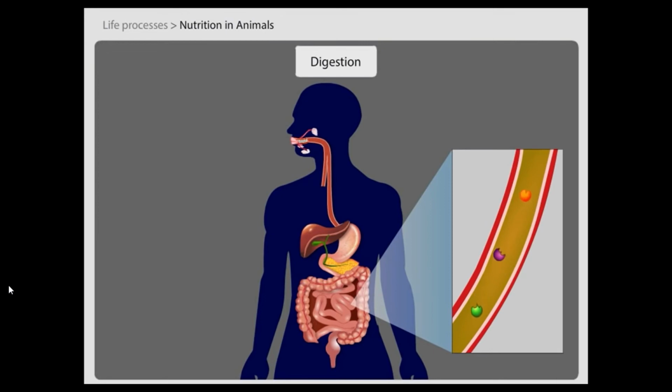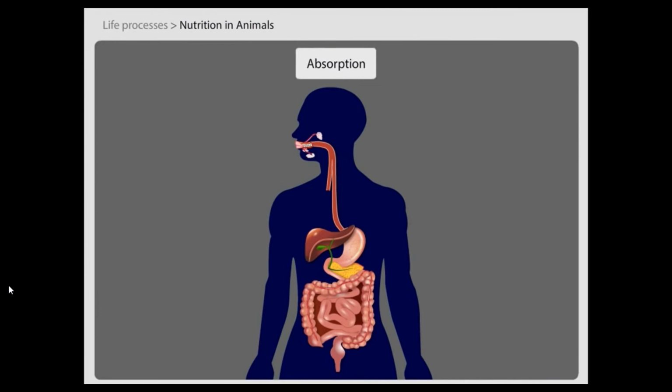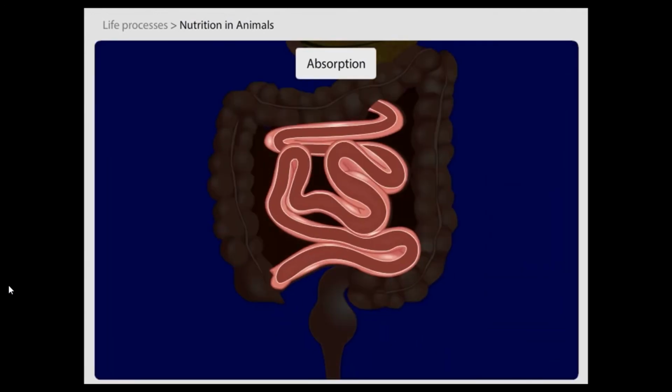Now, let us move to the next section, that is absorption. Till now, we have studied digestion in the small intestine. Next, we will understand how absorption takes place in the small intestine. The small intestine is the main region for the absorption of digested food.